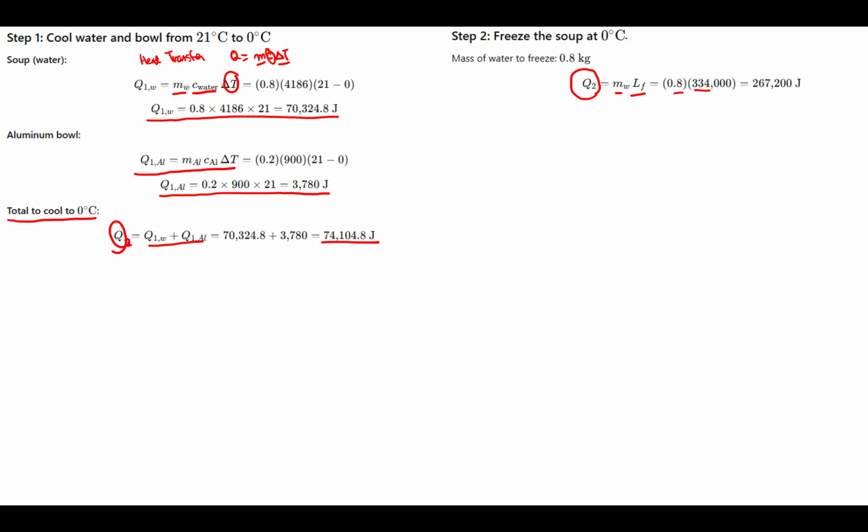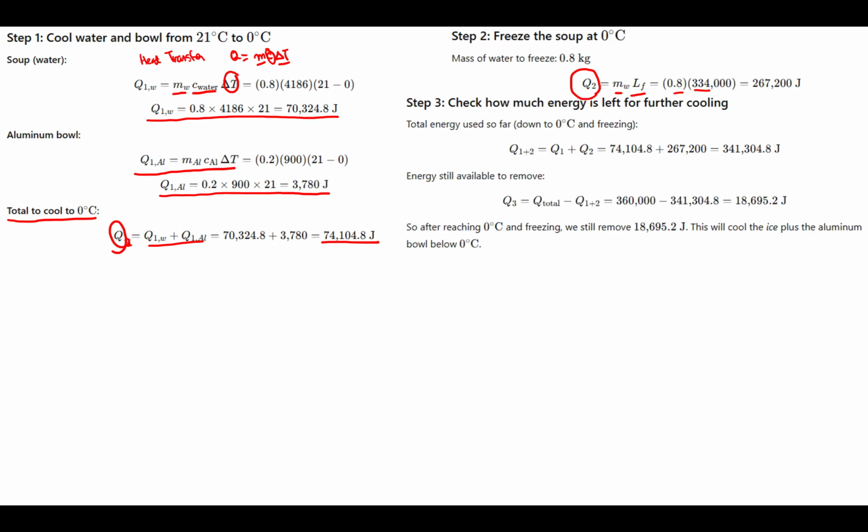Now the water is ice, after step 2. Then in step 3, we need to check how much Q1 plus Q2 is. Q1 plus Q2 is this much, and energy is still available to remove.